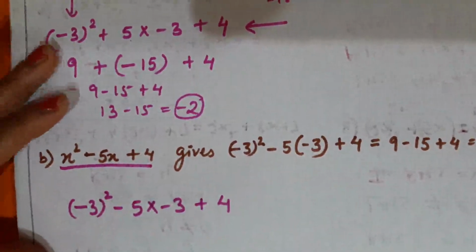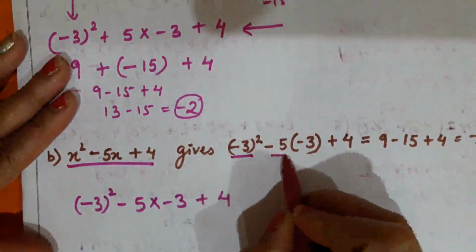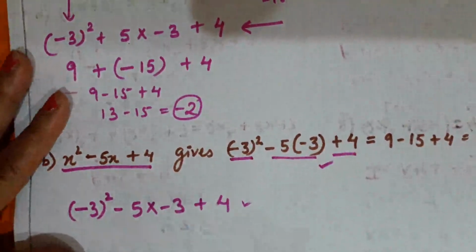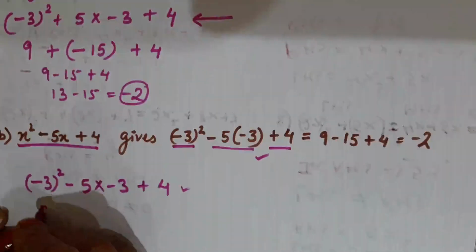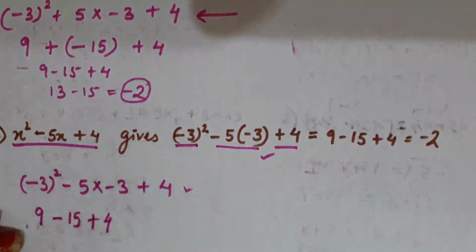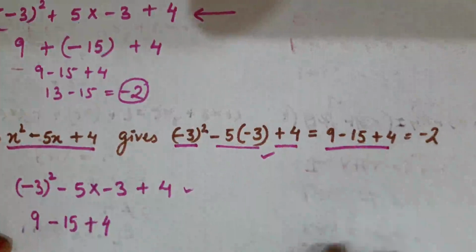Okay, so let's see. This is right, this is right, and this is right. So this and this are matching with each other. Let's see the next part. 3 square minus 3 square is 9 minus 15 plus 4. Okay, this is also right.